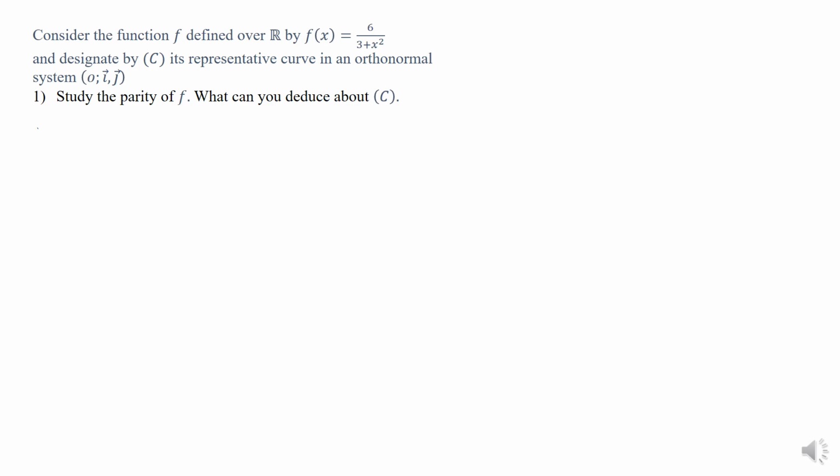So what you have to do is finding f of minus x. F of minus x is 6 over 3 plus minus x squared, which is 6 over 3 plus negative x power 2, which is x power 2.